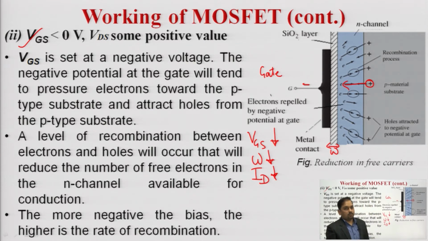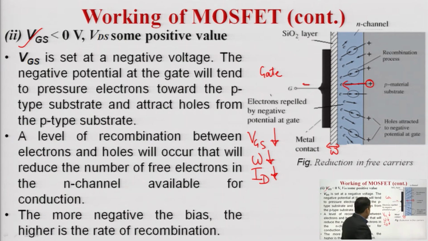ID decreases. Now we have a point which is again called the pinch off point, when VGS is equal to Vp. So what will happen? The effective width of the channel will become 0.